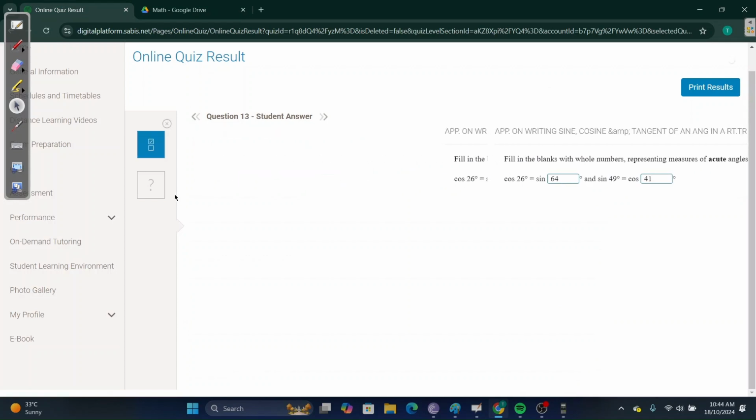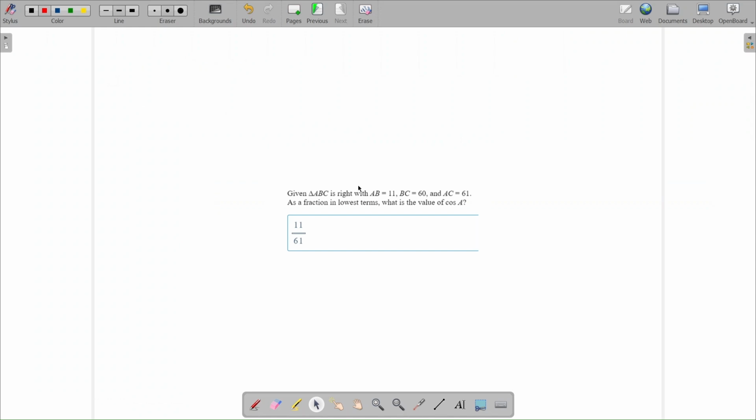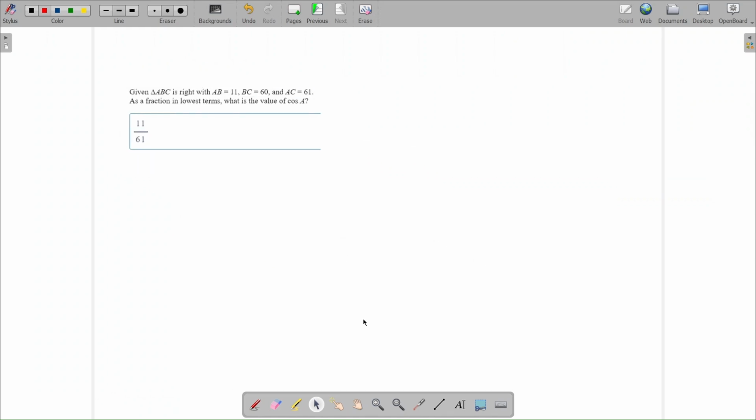So question 13. Given triangle ABC is right, so we'll draw a right triangle. Just assume this is right, whatever.